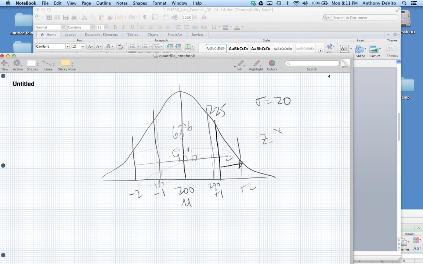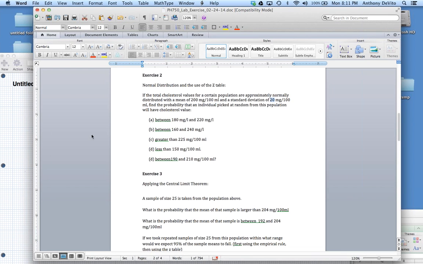Z is equal to the value I'm interested in minus the mean, over sigma. That's 225 minus 200 over 20, which is 25 over 20, or 1.25.